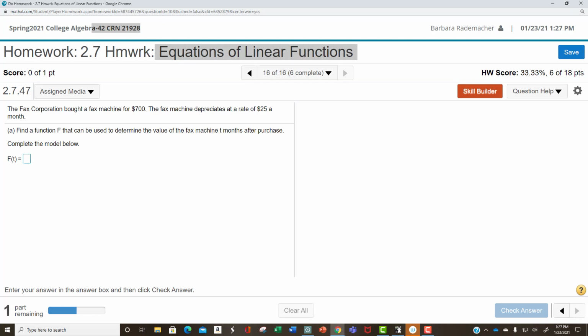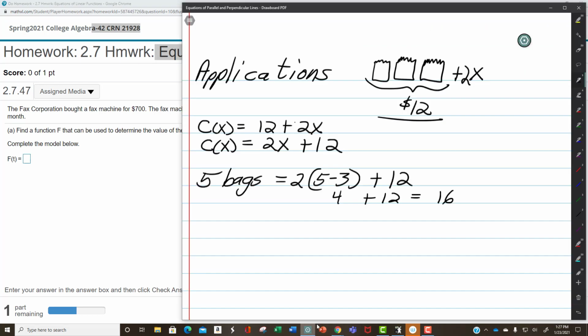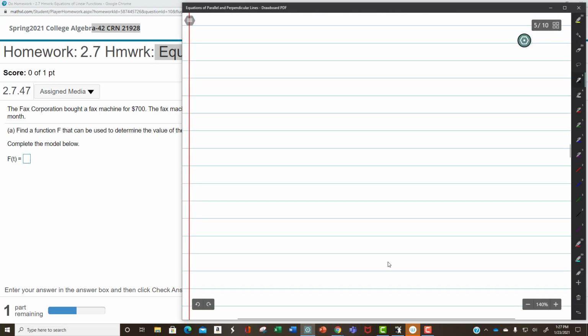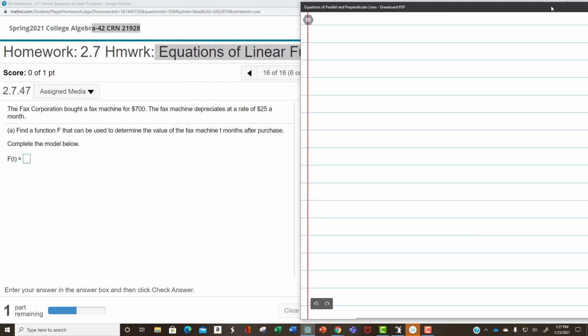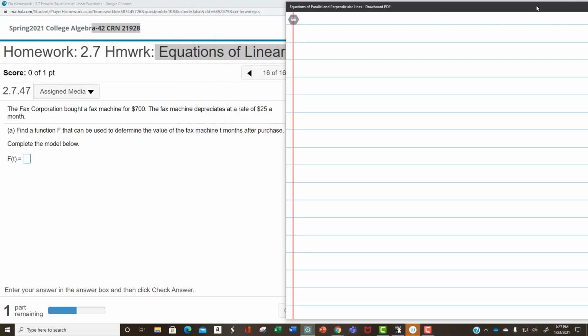Okay. Now, one more. With a caveat, I am not going to do all these again. I think this one is easier, as I recall. The fax corporation bought a fax machine for $700.